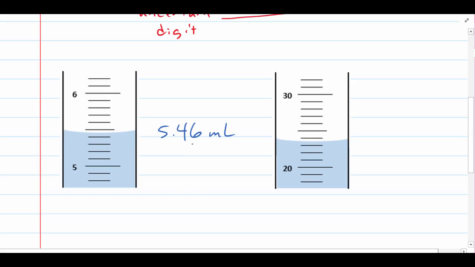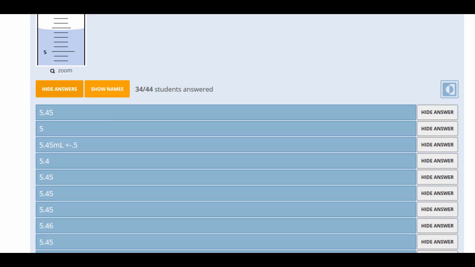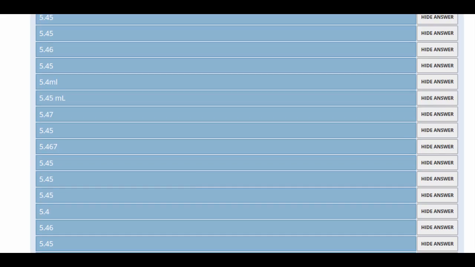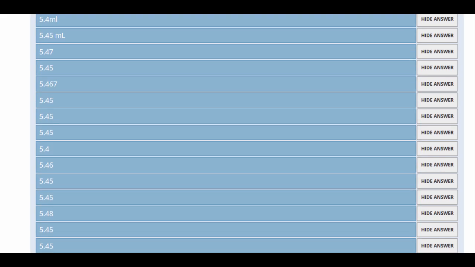But remember that this last digit is uncertain, so we may have said 5.47. Any of those answers along that would be correct. But if you're going out to the thousandths place, these two digits are uncertain. We only want one digit that is uncertain in your measurements.